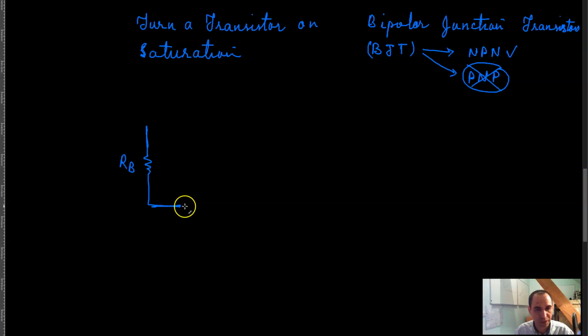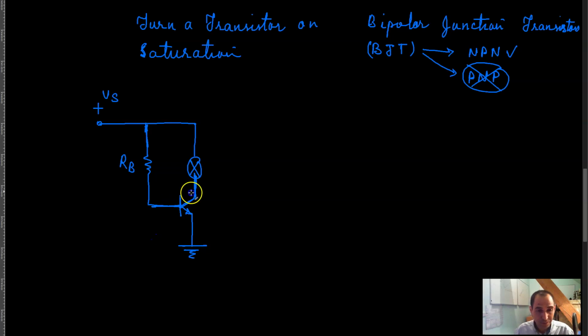This goes to the base of the transistor, and there is the collector and emitter of the transistor. The emitter goes to the ground, and your collector is connected to the load, and then the load is connected to the positive rail, and of course this base has to be connected to the positive rail as well. So this becomes V of S, for example, positive, and that's basically how you do this.